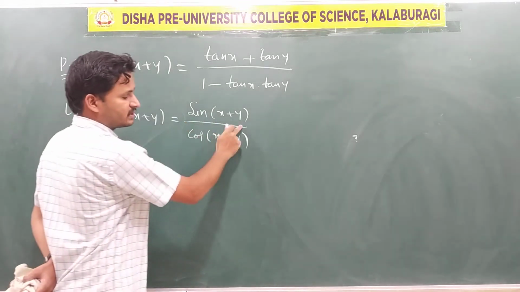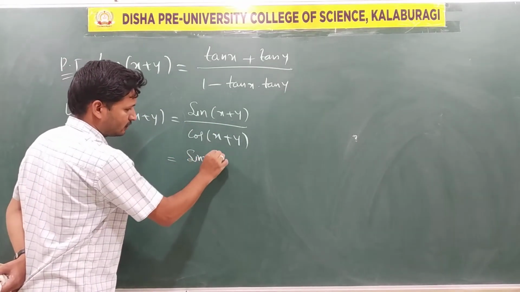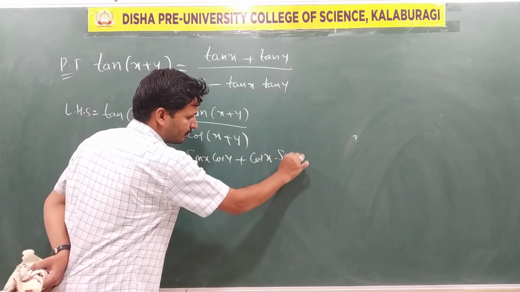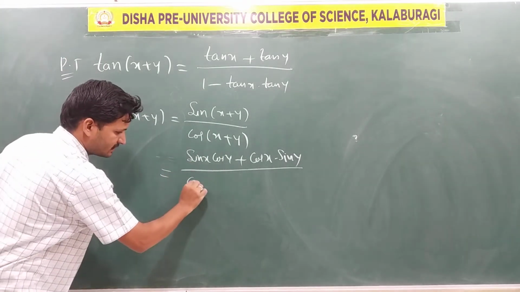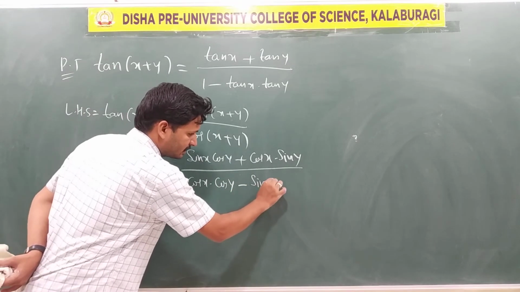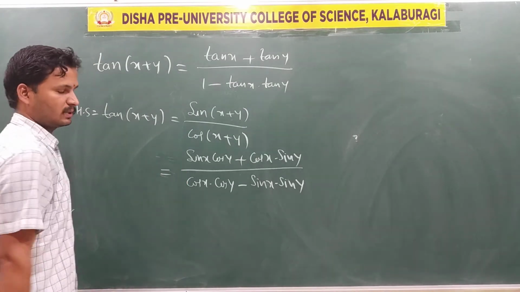Now we know the sin of x plus y expansion, that is sin x into cos y plus cos x into sin y, divided by cos of x plus y, which is cos x into cos y minus sin x into sin y. This is the formula.